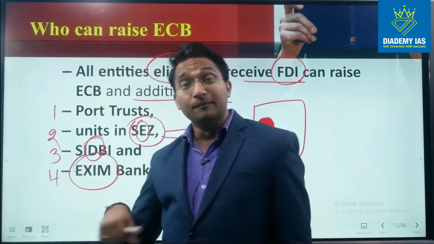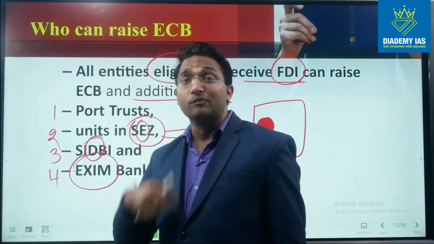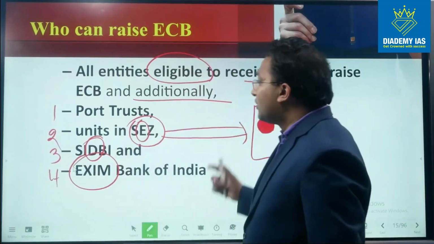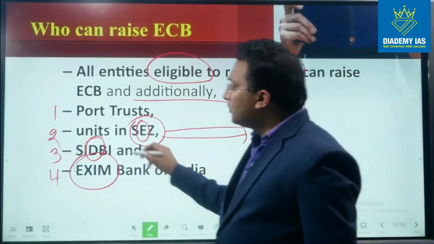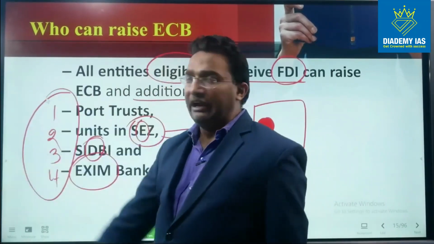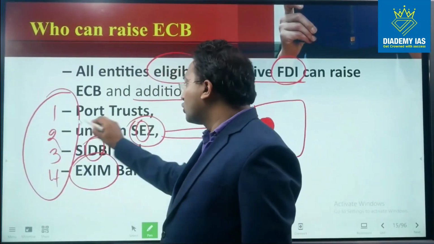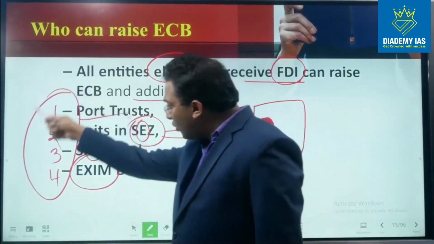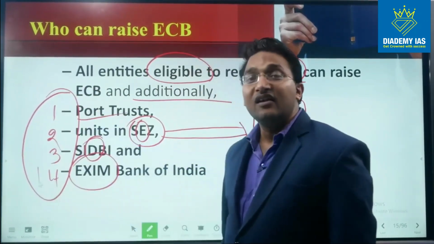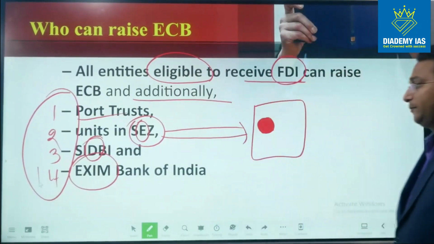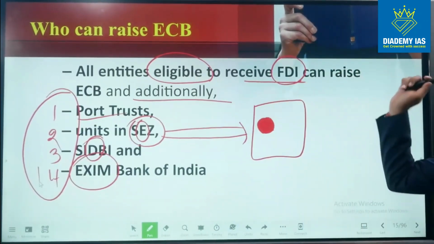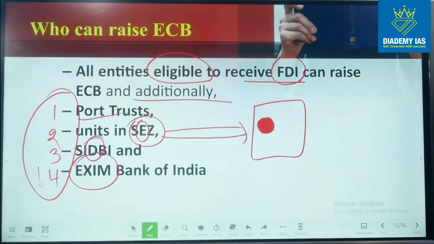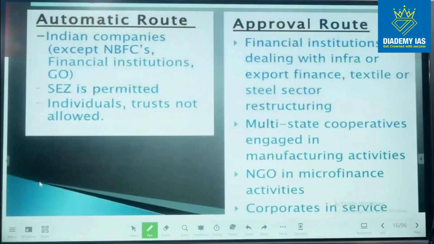Through this we can increase our export import transactions, right? So to promote international trade, even the port authorities are for international trade only. So all these transactions are for international trade purposes only. So these agencies are eligible for raising the ECB.